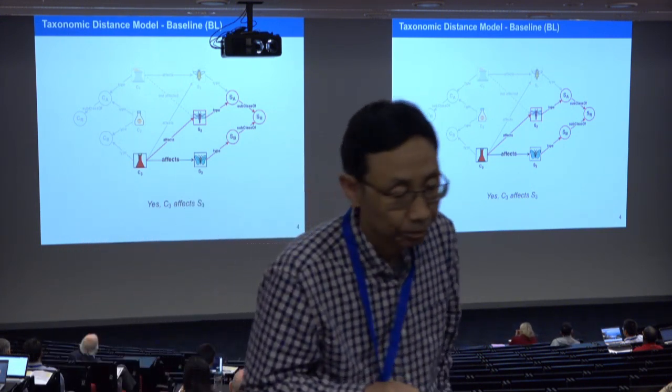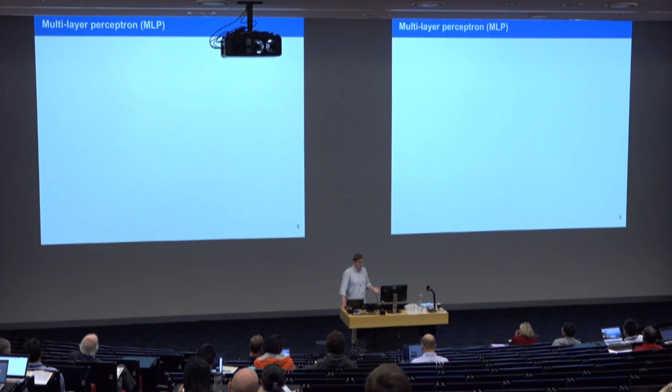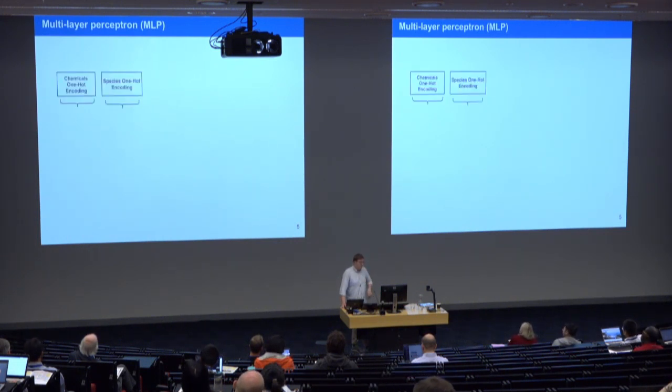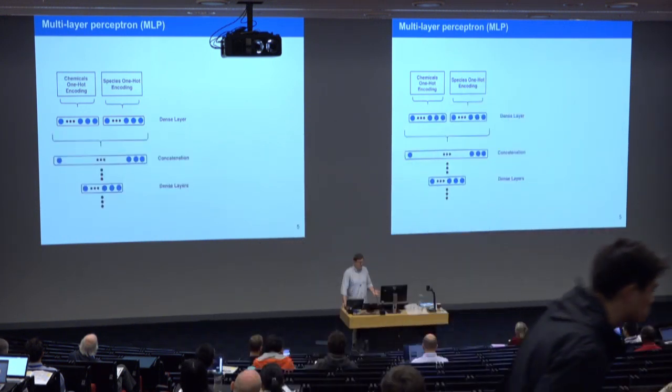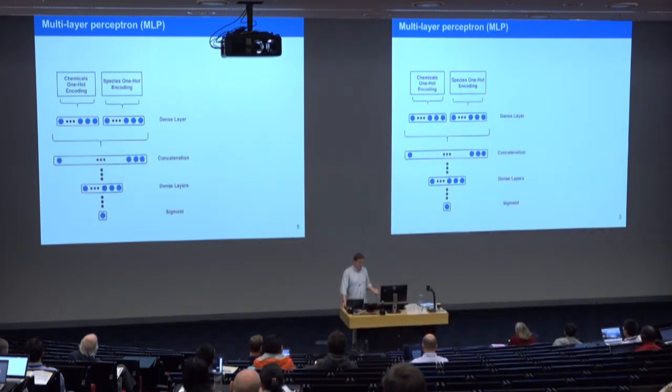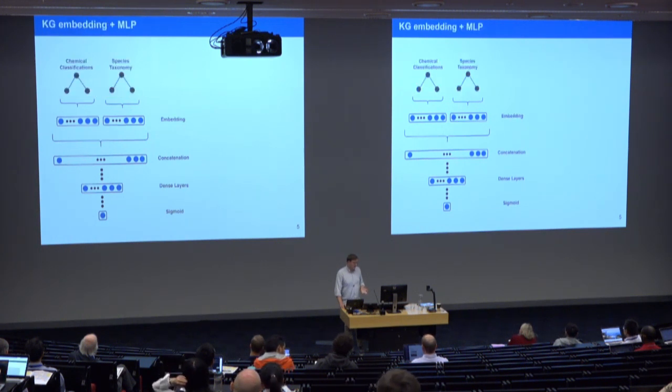And then we go further and introduce a multilayer perceptron model, which just uses one-hot encodings as inputs, passed through a dense layer, and then concatenated and passed through a series of dense layers before we get our prediction.